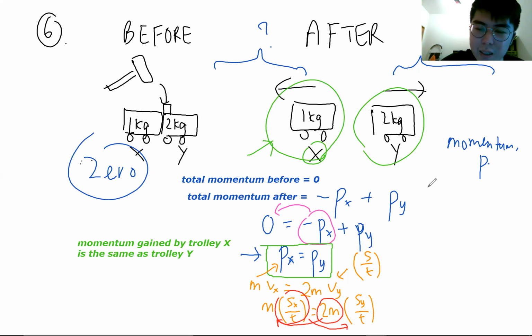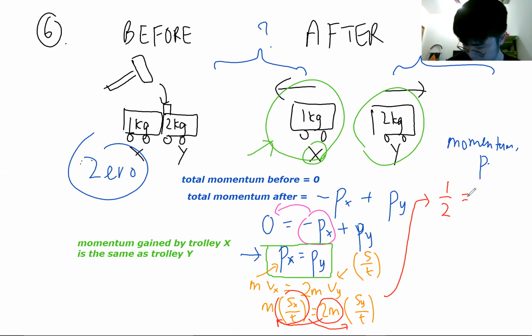Meaning that you will get 1 over 2 equals to the distance of Y over the distance of X. If you rearrange the formula, you'll get 1 over 2 because m and m will cancel out each other.